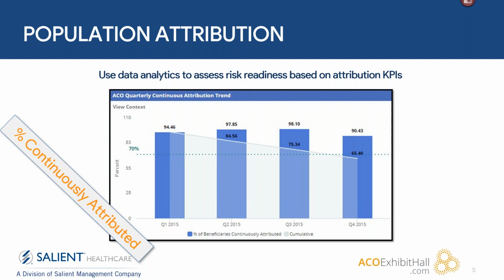Now, if you're seeing over 70% of your population, you can be reasonably confident that you'll be able to decrease their expenditures, such as unnecessary hospitalizations or emergency room utilizations.